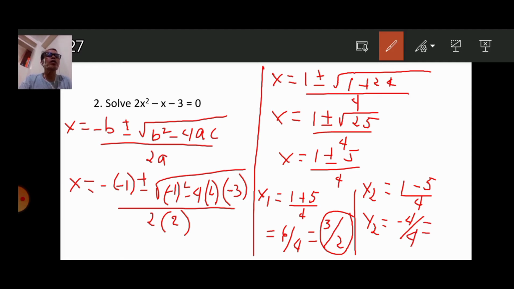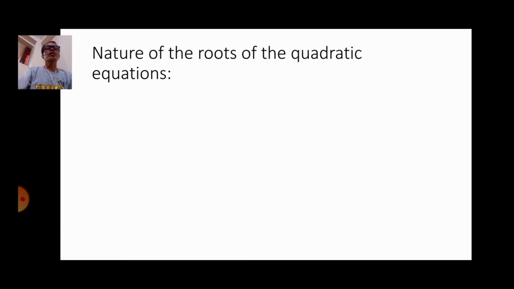Negative 4 divided by 4 is negative 1. Therefore, x sub 2 is negative 1. Okay? So, that is how to solve a quadratic equation using the quadratic formula.